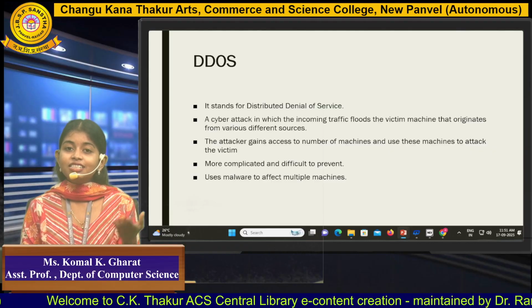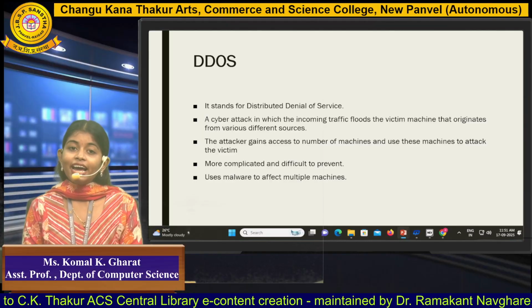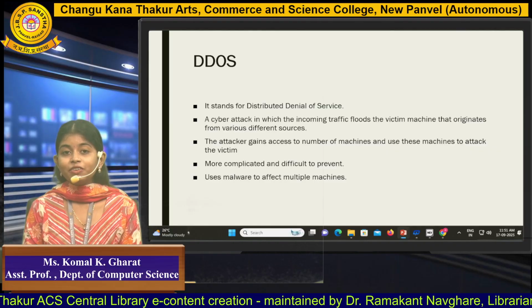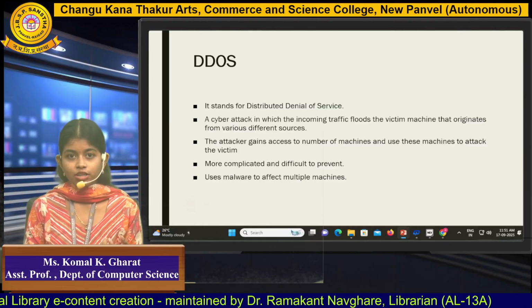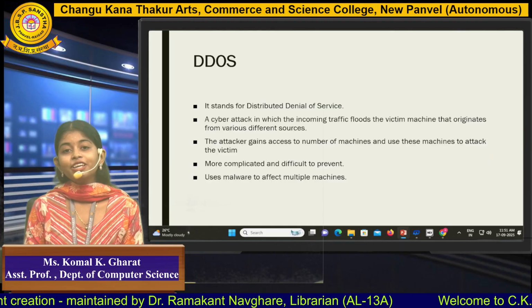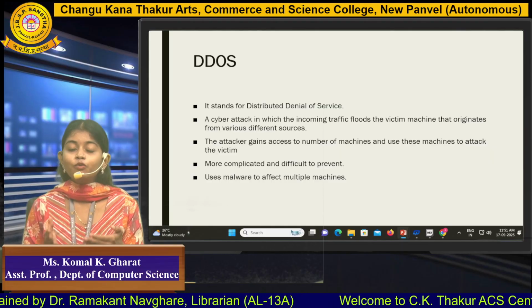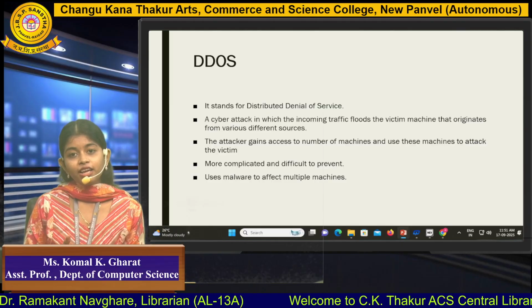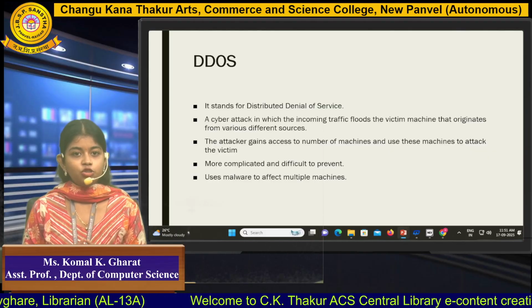So this is a lengthy mechanism, that's why it is complicated. And why is it difficult to prevent? Because if requests are coming from one source, we can avoid them, but if requests are coming from multiple sources, how can we avoid so many requests, and how can we classify fake and genuine requests? That's why it is difficult to prevent.